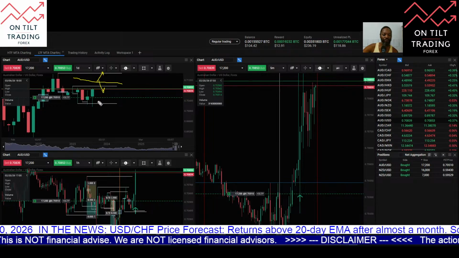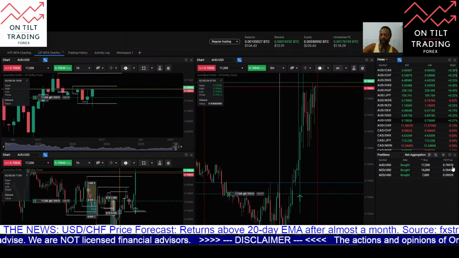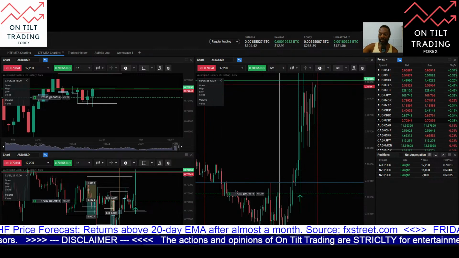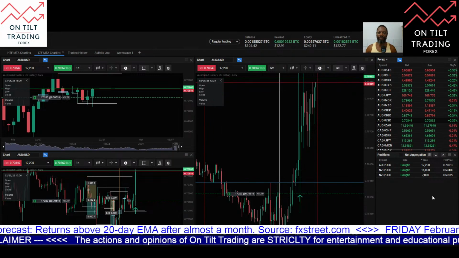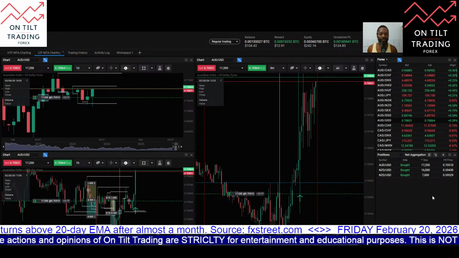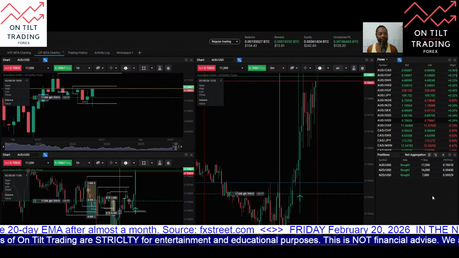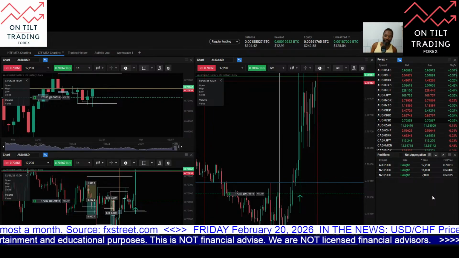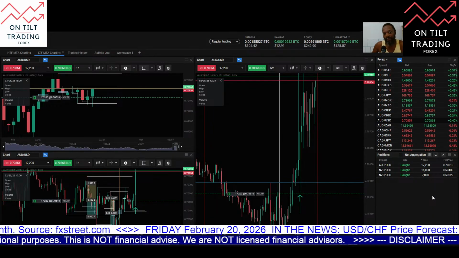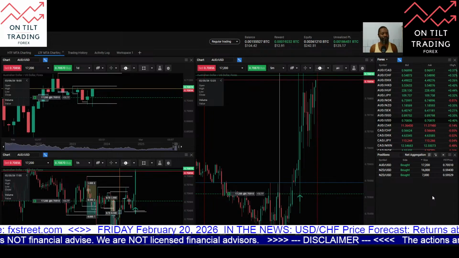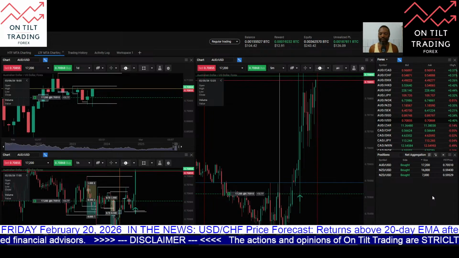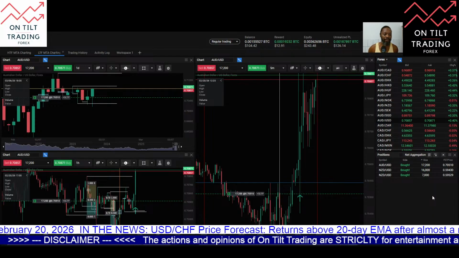So it's securing profits here, especially with the nature of Aussie dollar today being difficult to really get an entry on. Wanting to lock in some profits based off of that. Also, just because it would be an appropriate profit target.